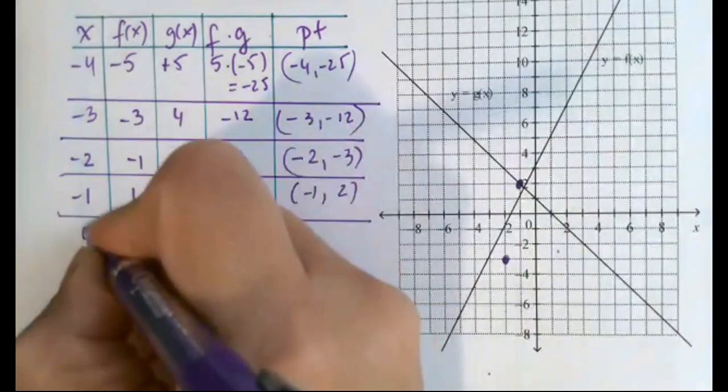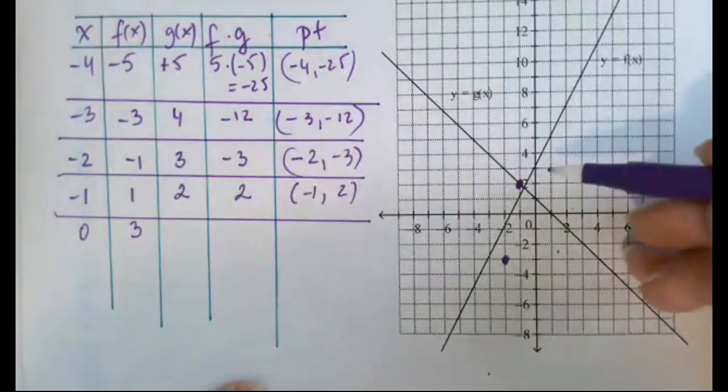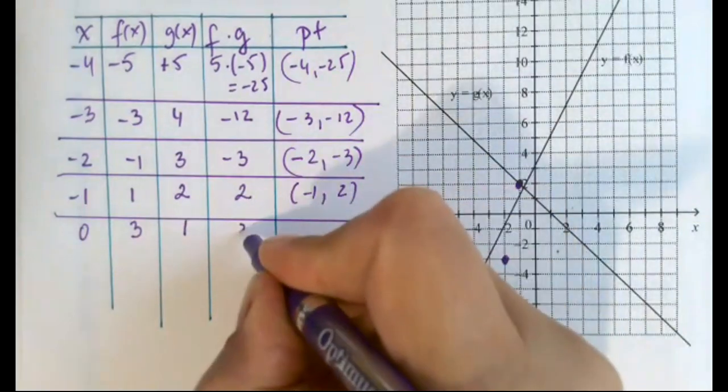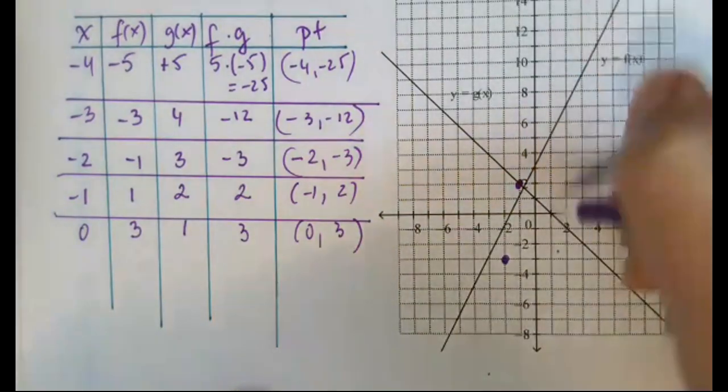Zero. F at 0 is 3, G at 0 is 1. 3 times 1 is 3. So 0, 3.